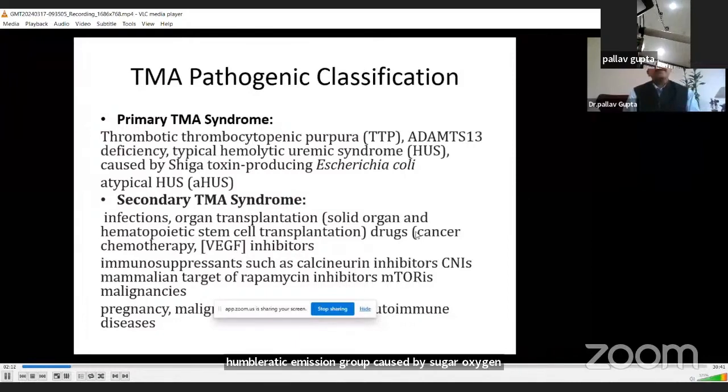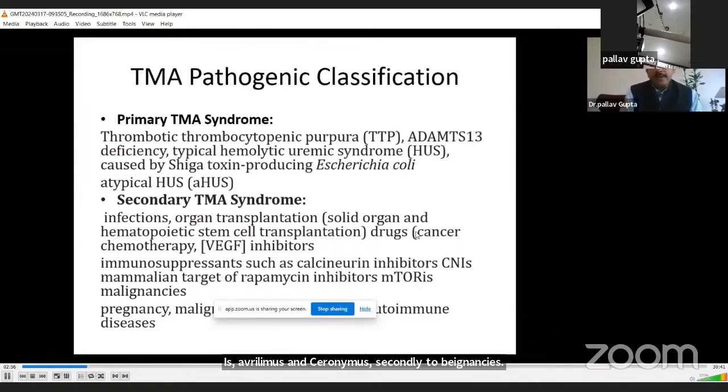The second category is secondary TMA syndromes, which can be seen secondary to infections like viral and fungal infections, in patients with organ transplant, both solid organ transplants and hematopoietic stem cell transplantation, due to drugs, which can be cancer chemotherapy drugs, VEGF inhibitors, and immunosuppressants received by transplant patients, such as calcineurin inhibitors, what we call CNIs, in the form of tacrolimus and cyclosporine, or mammalian target of rapamycin inhibitors, which we call mTOR inhibitors, for example everolimus and sirolimus, and secondary to malignancies, pregnancy, and autoimmune diseases.